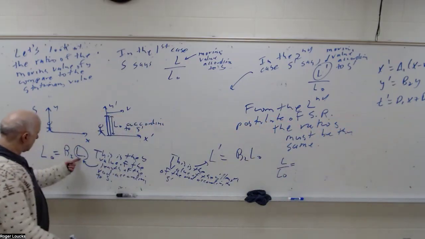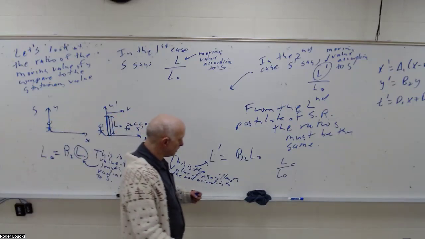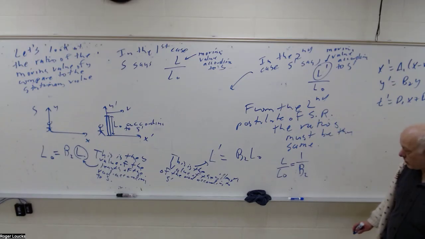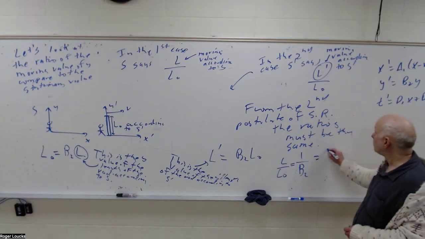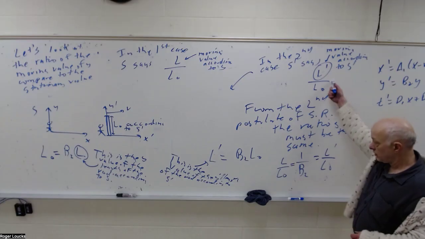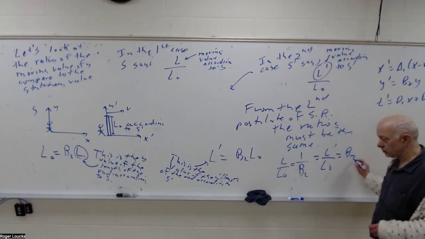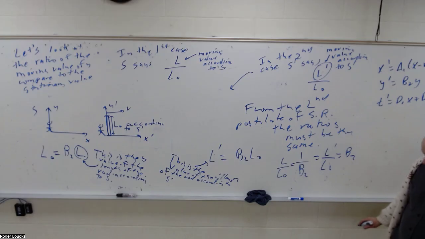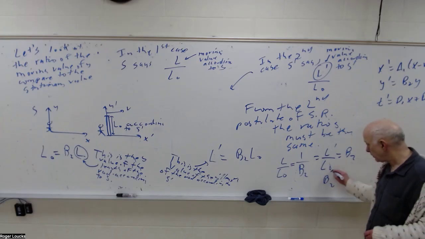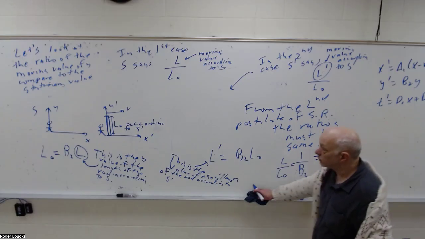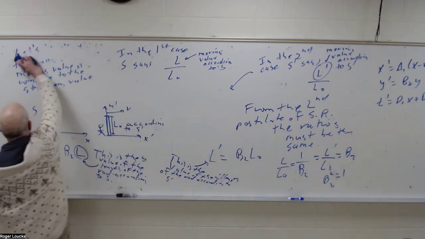Well, L over L naught is 1 over B, whatever. And this has to equal L prime over L naught, which is B2. So B2 squared equals 1. In other words, B2 has to be 1.